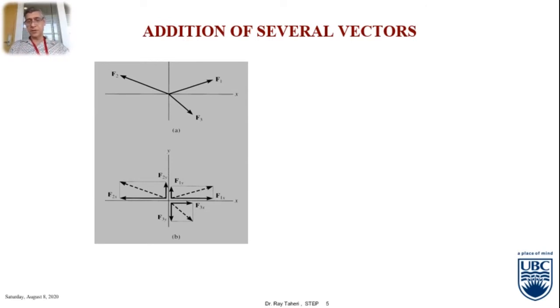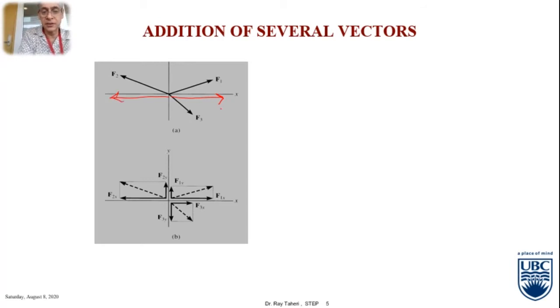We have 3 vectors, pretty much the same thing too. Now we have vectors 1, 2, 3. Find all the x's, all the y's, and you add them. When you do that, you have to be also cognizant of the direction. For example, it's clear that the x component of F1 is positive, so it goes like this, and the x component of F2 is negative.